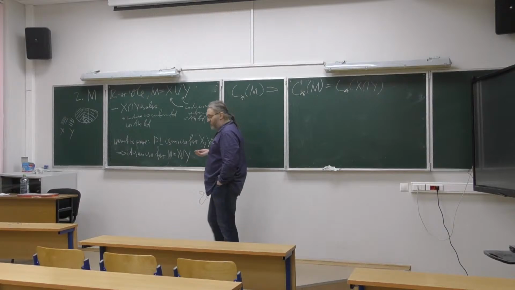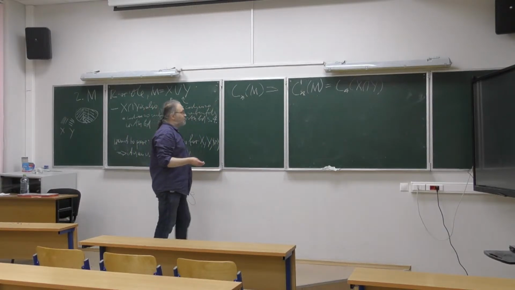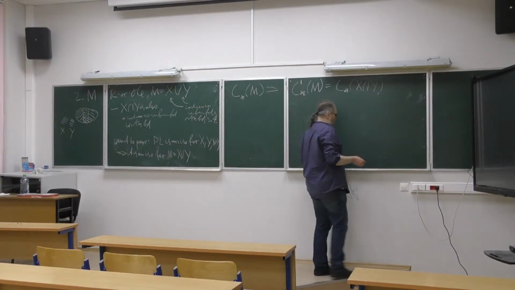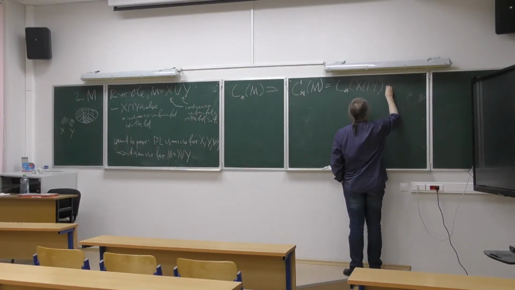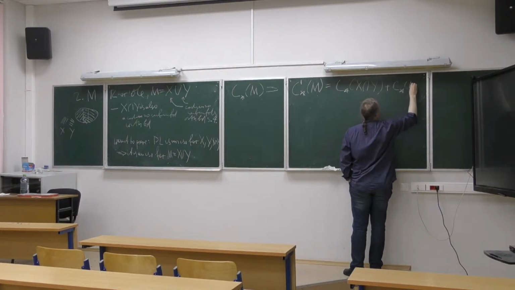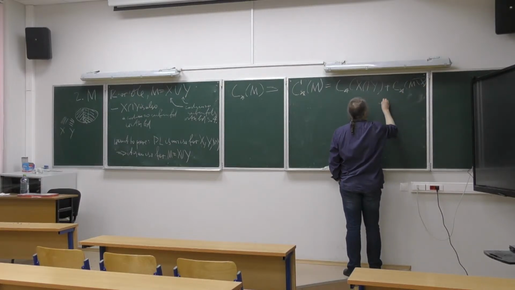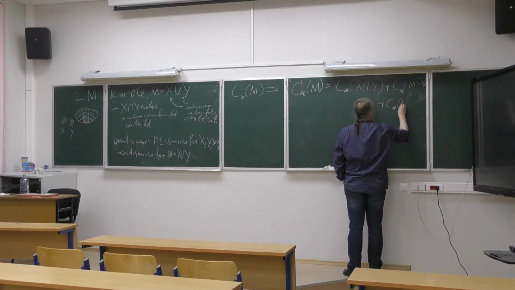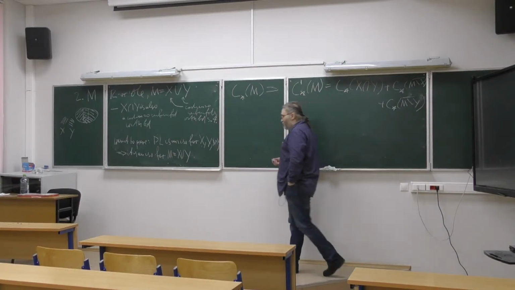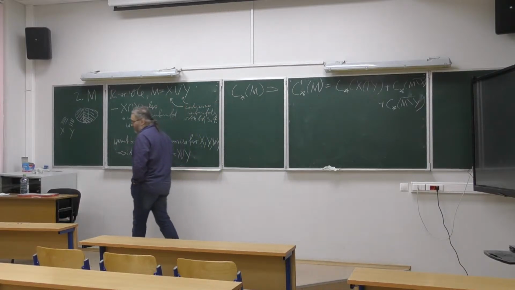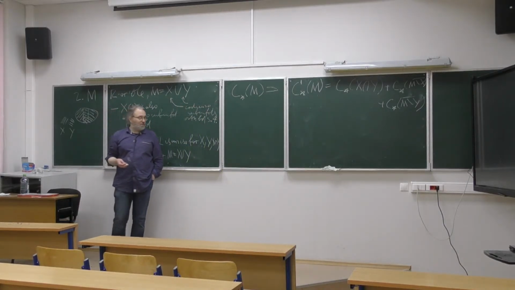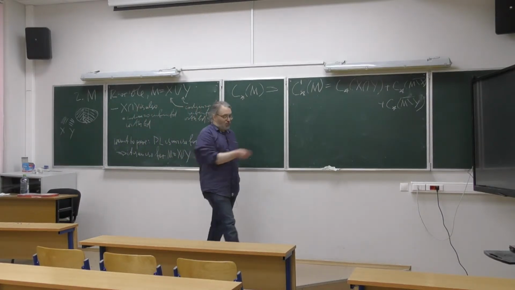What do I want to include in C prime? I want to include the chains of X intersected Y plus the chains of M minus X bar plus the chains of M minus Y bar. What does the bar mean?